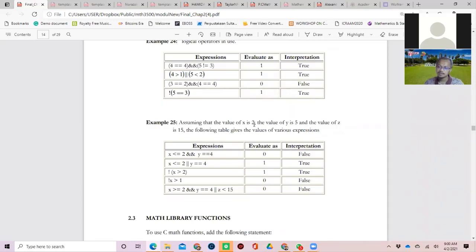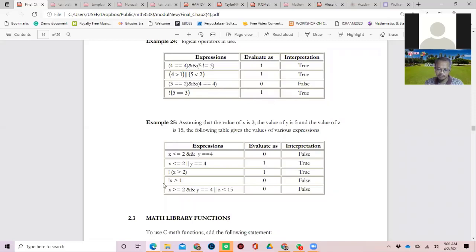I mentioned earlier, variable value 0 is logic 0, false. Other than that, variable values 2, 10, 100, 1000, -1, -2, -10, all these values except 0, the logic in C is 1. 1 is true. You have to understand that.